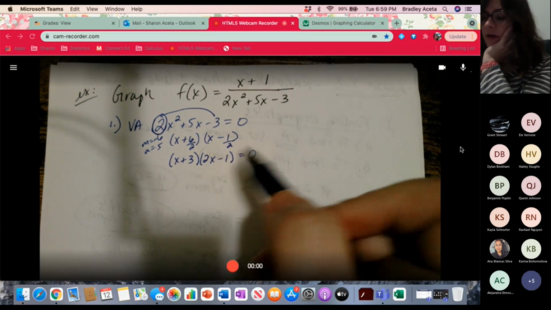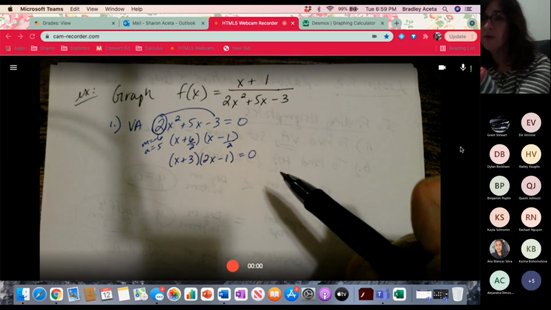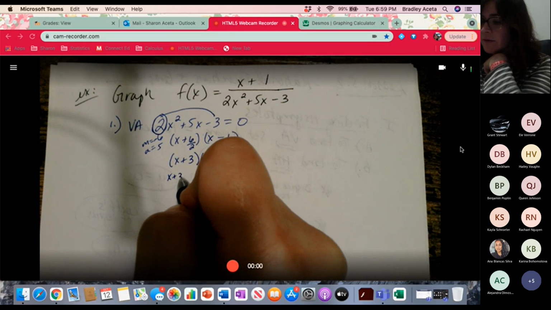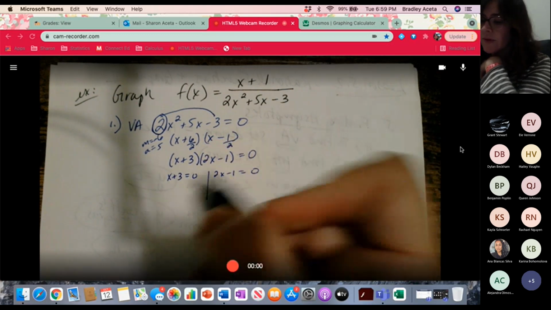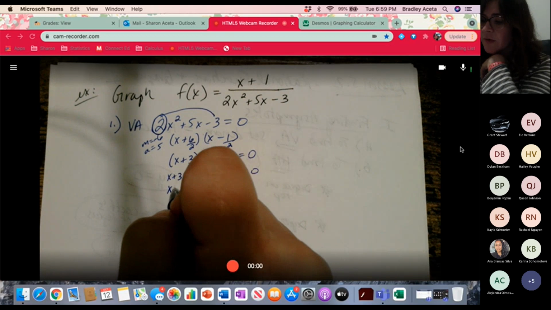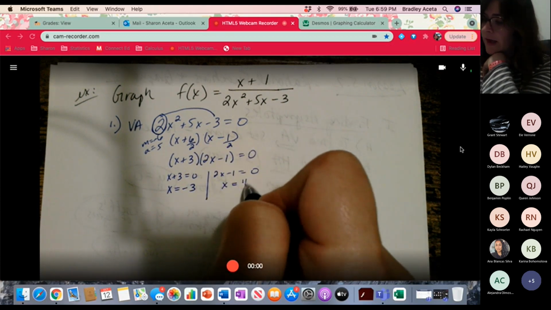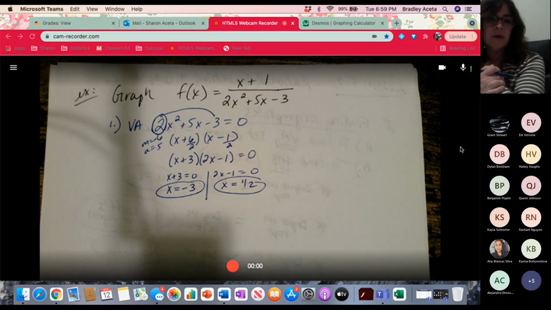Well, that means I actually have 2, and this is allowed, 2 vertical asymptotes. Set this one equal to 0 and this equal to 0. So I have a vertical asymptote at negative 3 and at 1/2. Negative 3 and 1/2. All right, so we know that's where the vertical asymptotes are.